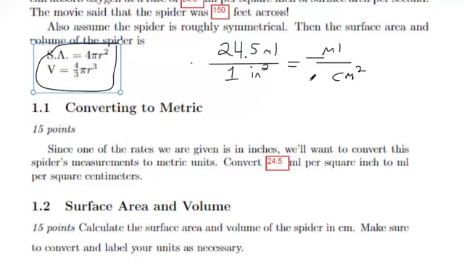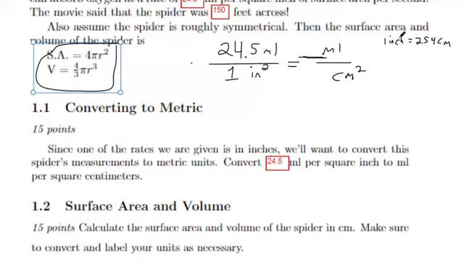So we need to know the number that goes in this blank up here. In order to make that happen, we've got to cancel out square inches in the bottom to get square centimeters in the bottom. So we need a conversion factor. One thing we can use is that 1 inch is equal to, I think, 2.54 centimeters. Now that's a linear unit, right? It's one dimensional.